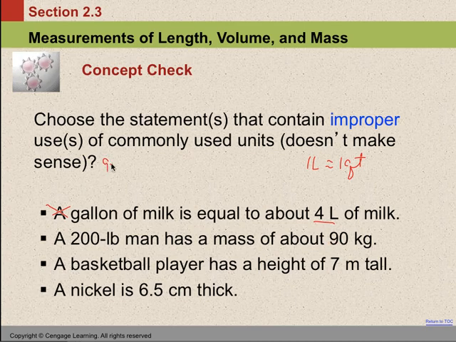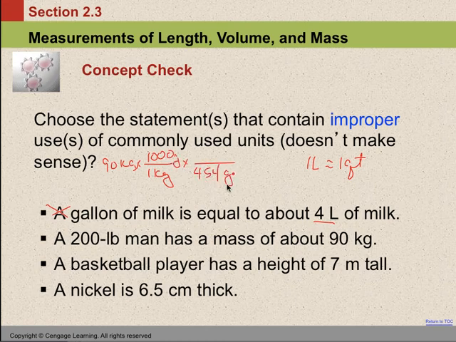A 200-pound man is about 90 kilograms. Well, in 1 kilogram there's 1,000 grams, and in 454 grams there's 1 pound. That's about half, and that would equal about 180 pounds. Oh no, that's about right. 7 meters?